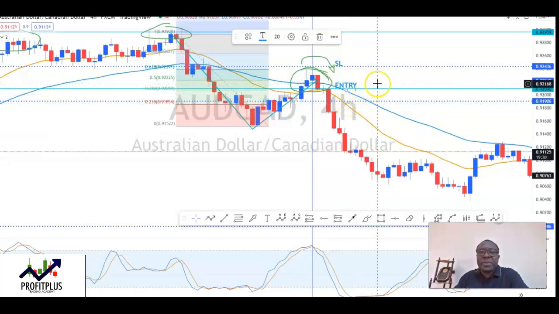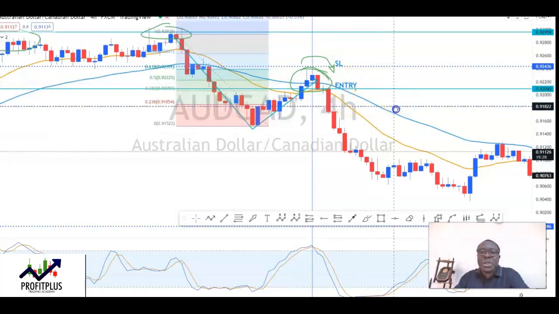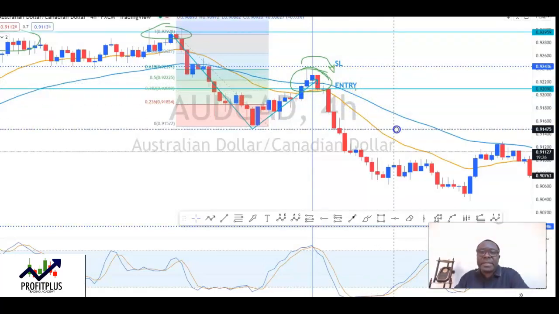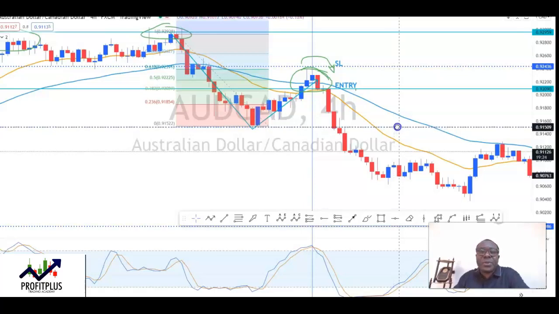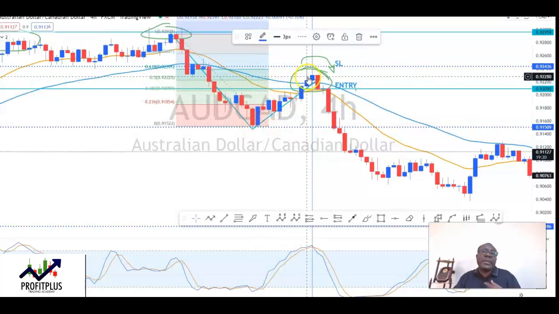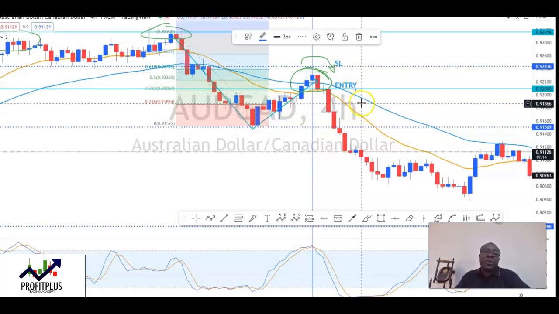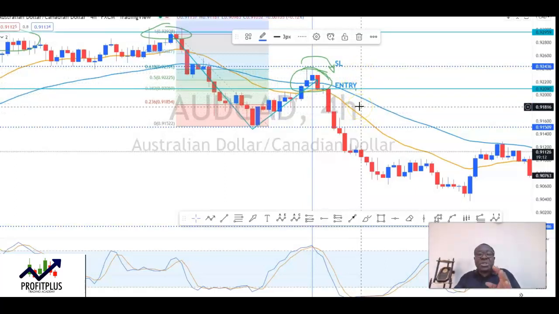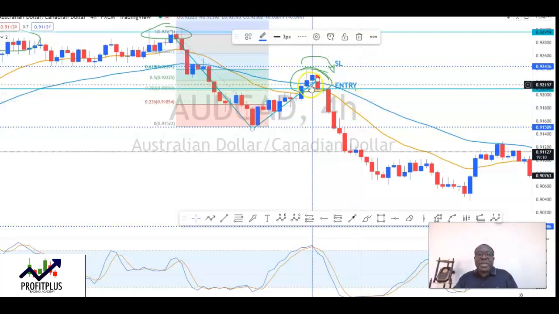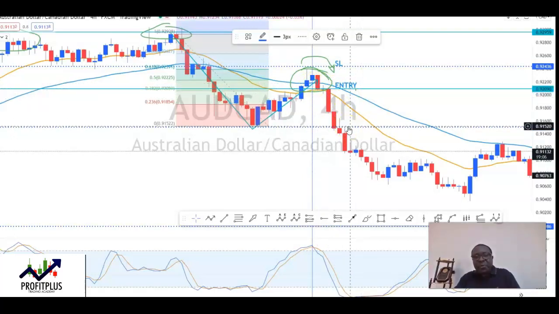So if this is the entry, I'm going to check how many pips that is. Look at this structure. This level is a level of support, so the price can get to this point and then bounce off. Looking at this, it is about 2 times my stop loss, so this is a very viable trade. You can see the market moved very well and will hit your take profit here.